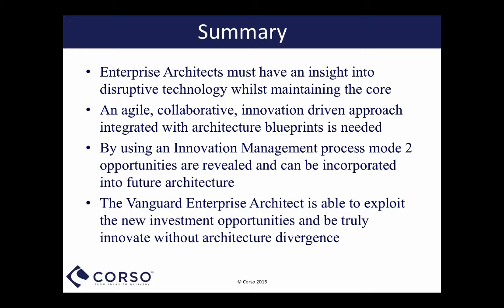We also saw how the emerging Vanguard architect must have an insight into how disruptive technology trends can mean convergence of the architecture. We need to understand how to bring them into the core to make sure we don't have a divergent architecture. So an agile, collaborative, innovation-driven approach that's integrated with our architecture blueprints is what's required at that point.